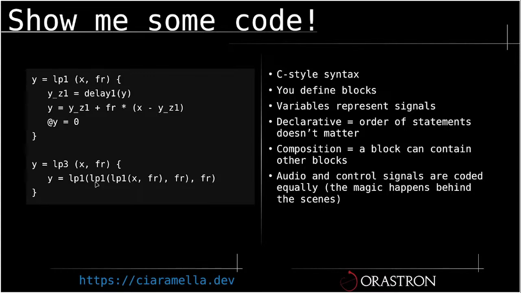The compiler will take care of really instancing the blocks and making the right connections, and we will see it also makes some optimizations, but we will see it later.